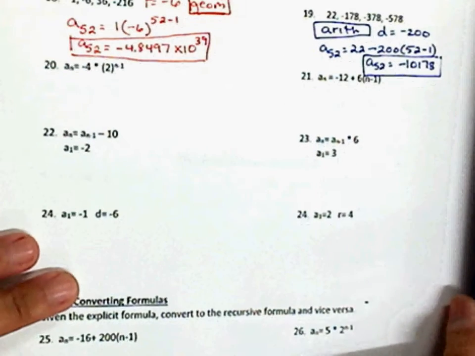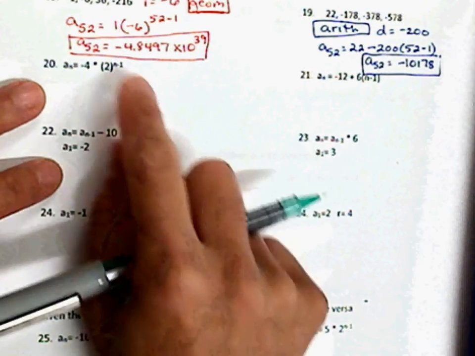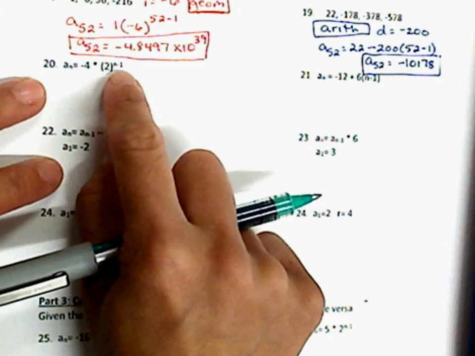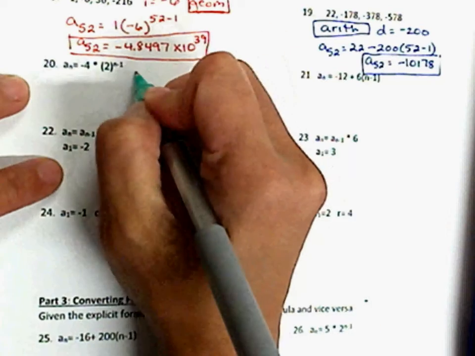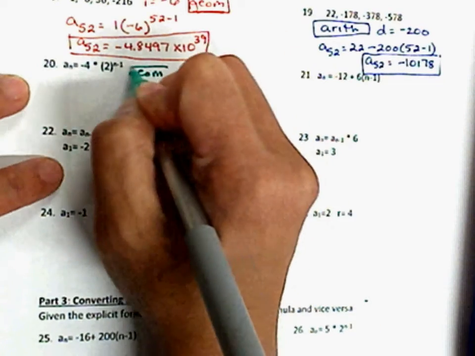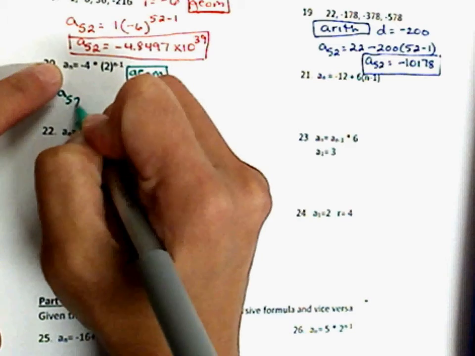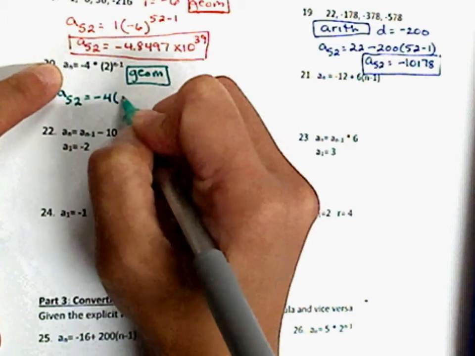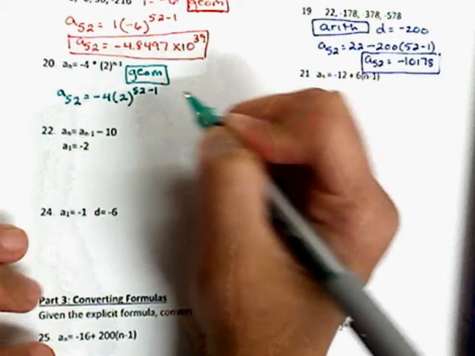Number 20. Let's take a look at number 20. All right. That right there, see how the n is in the exponent? It's an exponential. That one tells me it is geometric. Okay? And I'm looking for a 52nd term, so all I have to do is plug it in. -4, my r is 2, raised to the 52 minus 1.